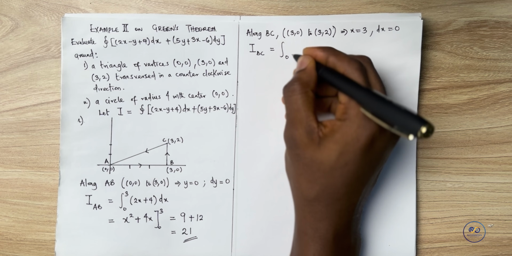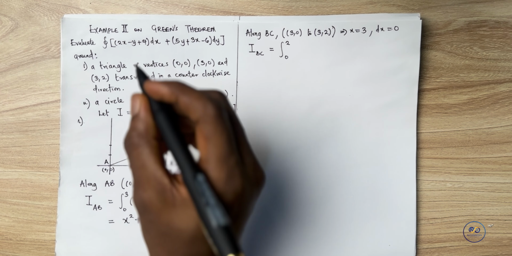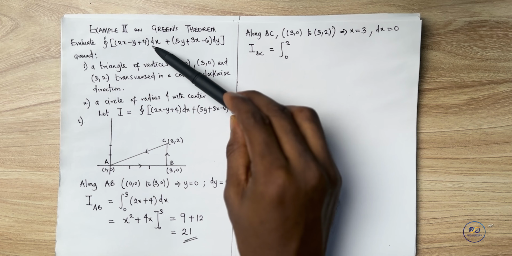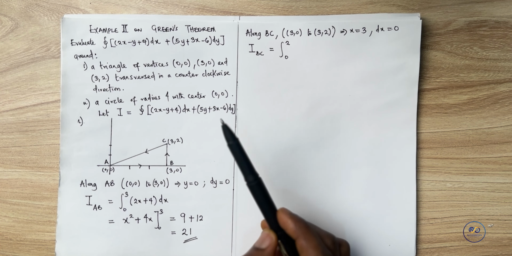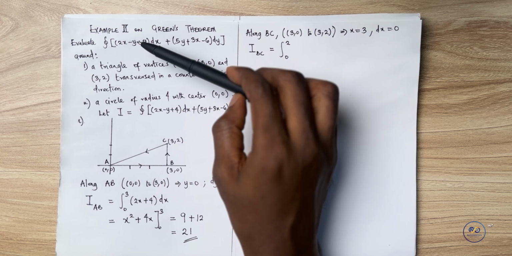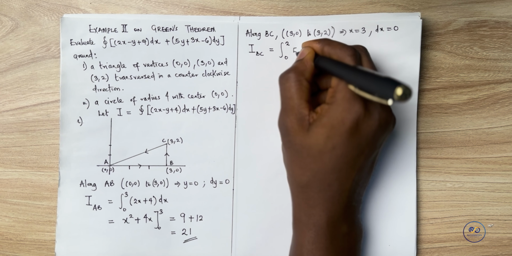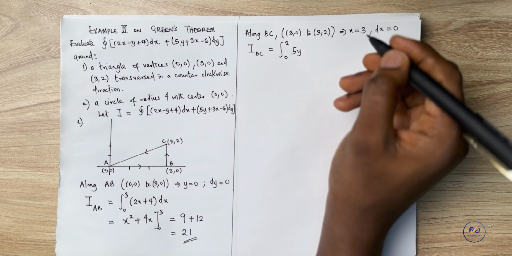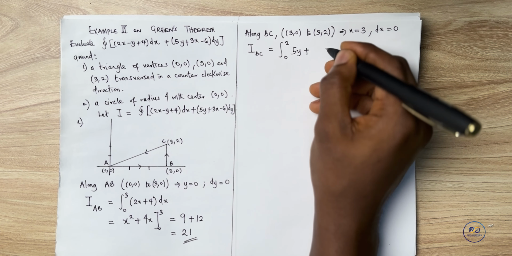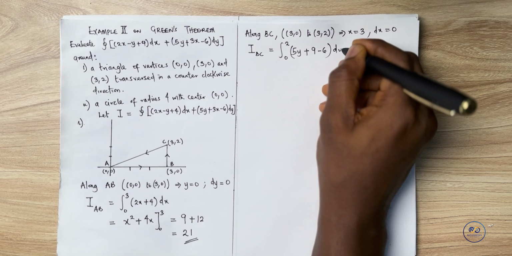So you have the integral from 0 to 2. So x turns to 3 and dx goes to 0, and every other thing remains. So dx going to 0 eliminates the first bracket and then you have the second bracket left. So you have 5y plus 3 times 3 is 9 minus 6, multiplied by dy.